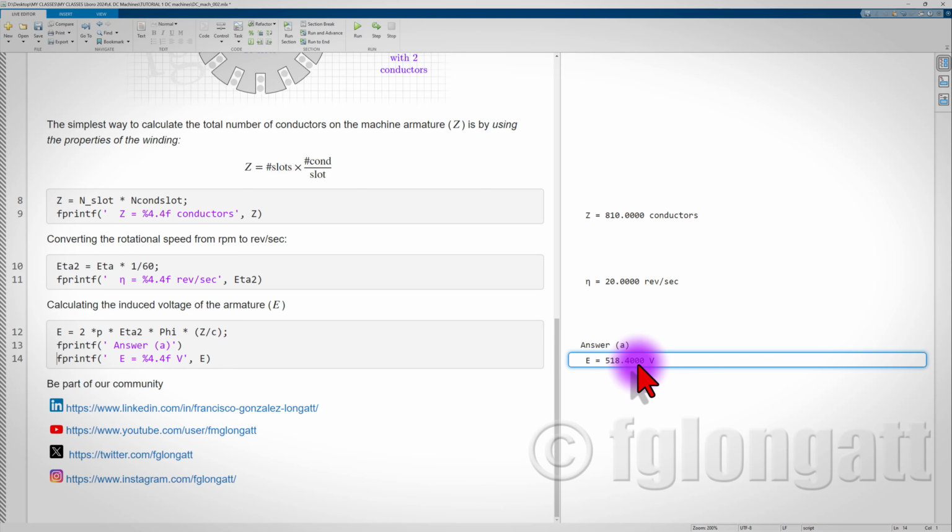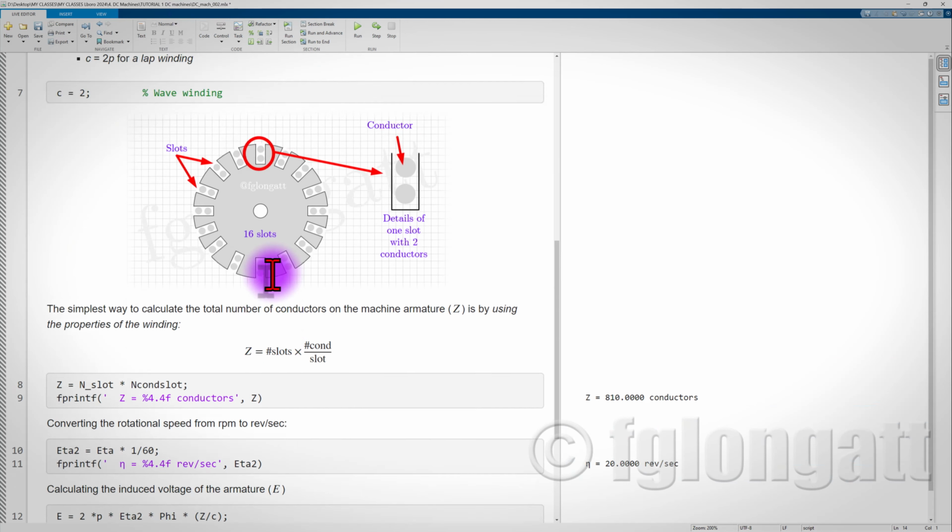As you can see, the induced voltage across the armature is 518.4 volts. And that is the voltage that is induced in this amazing armature of this DC generator.